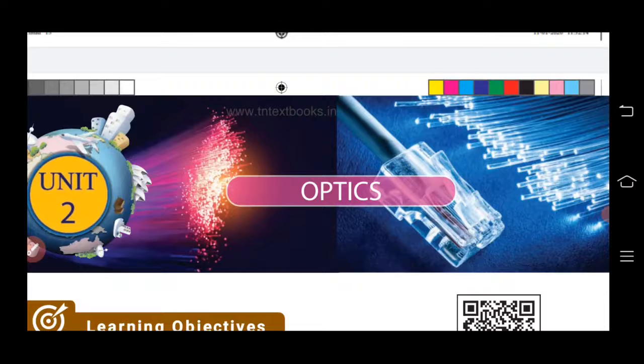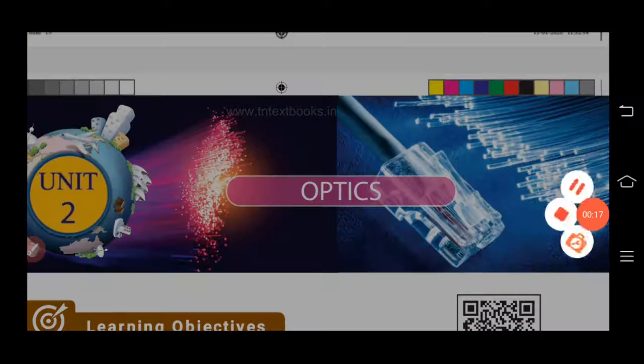In our last online class, we have seen the topic refraction through a convex lens.